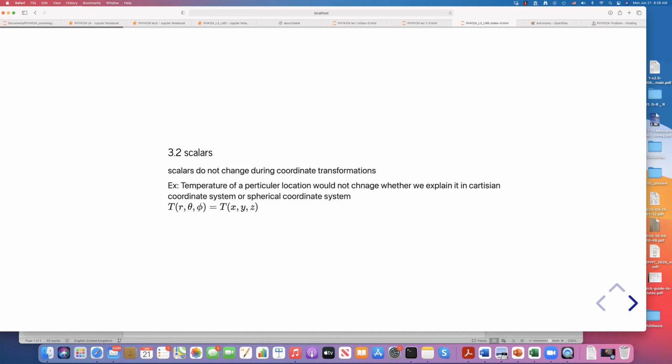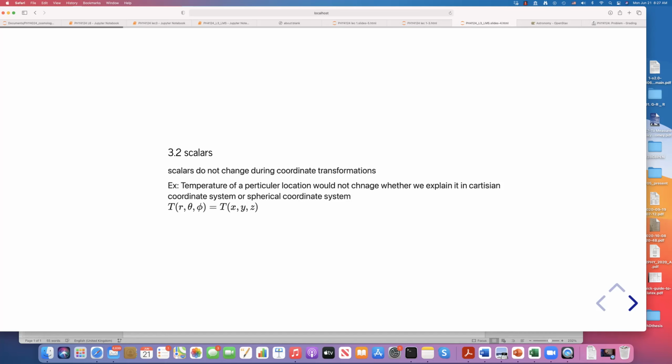If you take temperature as an example, if you try to measure the temperature at a particular location, it would not change whether we express it in a Cartesian coordinate system or a spherical coordinate system, right? It will be the same temperature. It doesn't matter what kind of coordinate system you are using to describe the temperature, because temperature is a scalar which does not depend on the coordinate system.